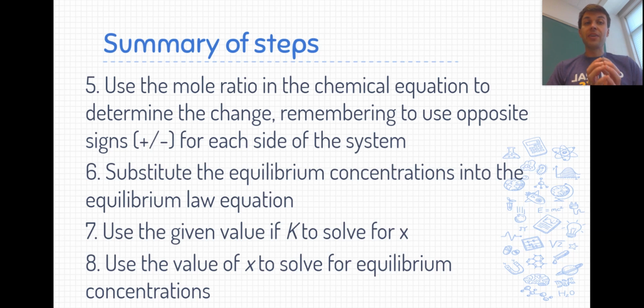So I used the value of x to solve for the equilibrium concentrations. And this last step here is often one that students forget, especially in long questions where there's a lot of steps. You get the value of x, and you think back to math, okay, I solved for x. Well, x was an unknown, but it's not what we were asking for. So always refer back to the question and make sure what you're answering is the question that was asked.